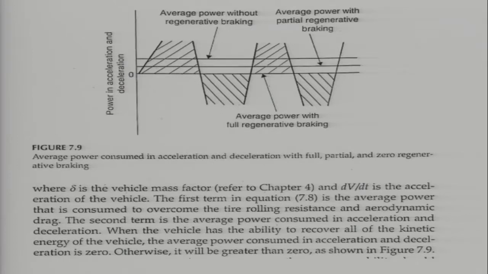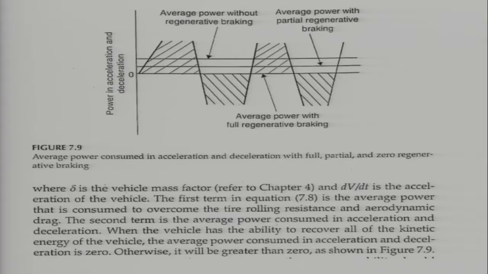That means when you are braking the vehicle, you are converting the kinetic energy of the wheels into electric energy, and then you are feeding it back to the PPS or power source or the battery. So when the vehicle is able to recover all of its kinetic energy during the braking process, the average power consumed in acceleration and deceleration is 0. Otherwise it will be greater than 0 as shown in 7.9.